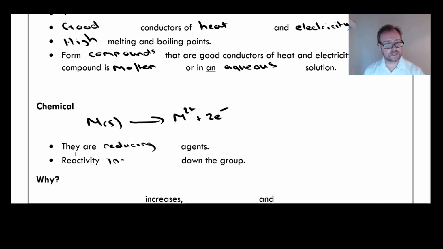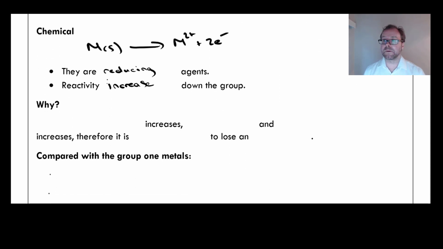The reactivity will increase down the group. Why? First, have a think about why the reactivity will increase down the group. Right, let's answer this question. Why does the reactivity increase down the group?